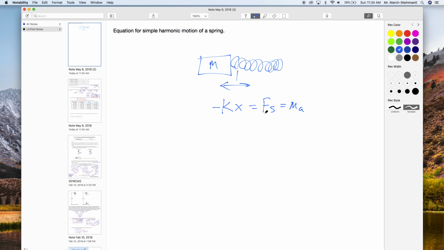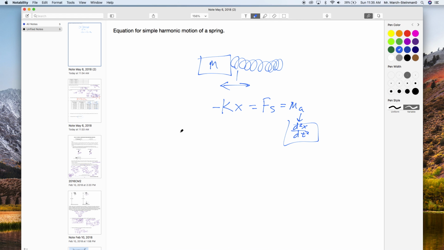So if the spring is pulling left, then the object is going to be pulled to the left. If the spring is pulling right, the object is going to be pulled to the right. And so a turns out to be this expression, the second derivative of position with respect to time. And knowing a time value also lets us find acceleration values and velocity values and things like that.